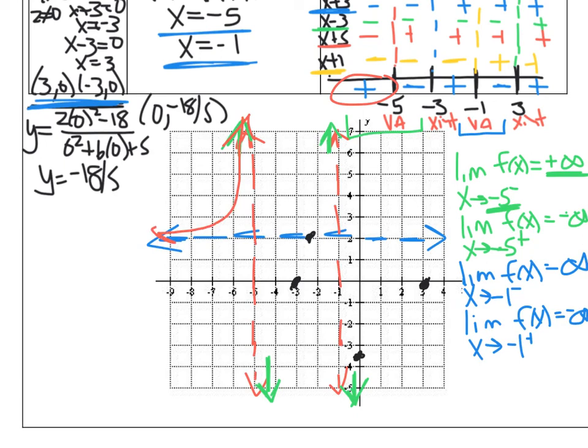We're not crossing anywhere over there. We already have our point where it crosses. Between negative 5 and negative 3 is negative. So something like that. Then between negative 3 and negative 1, it's positive. So I'll just go through that point we know is going to cross. Between negative 1 and 3 is negative. And then after that, it's positive, but we're going to level off at our horizontal asymptote. And we're done.